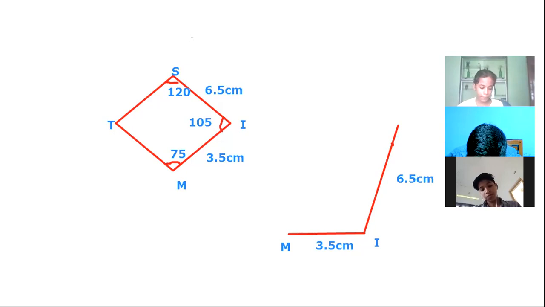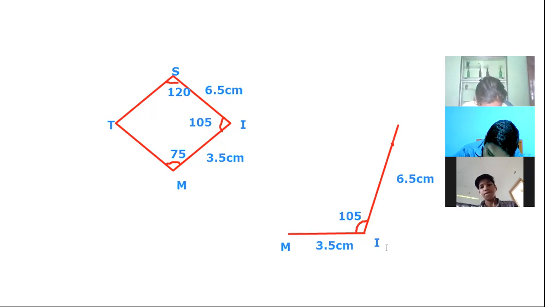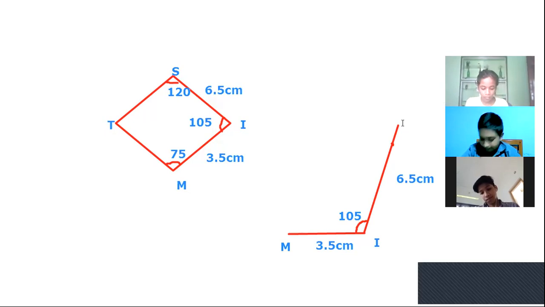And we know that the angle I is equal to 105 degree. And now we get the line IS, and we can mark this vertex as S.